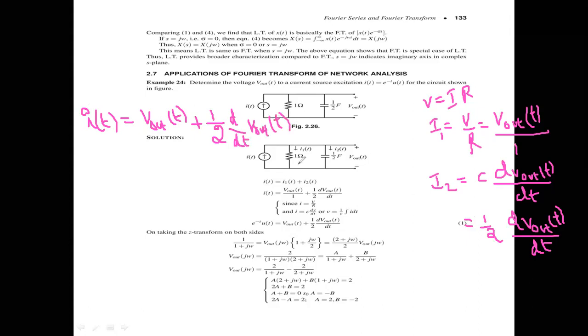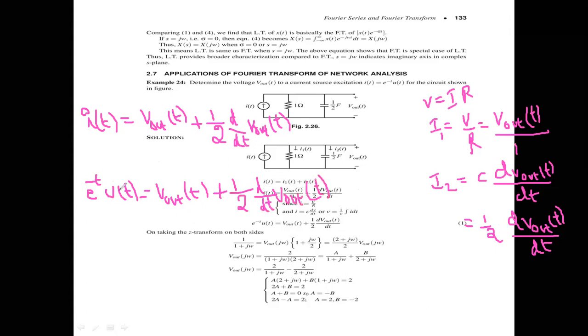After substituting, what is the given I of t? e power minus t u of t. So e power minus t u of t is equal to V out of t plus 1 by 2 d by dt of V out of t.